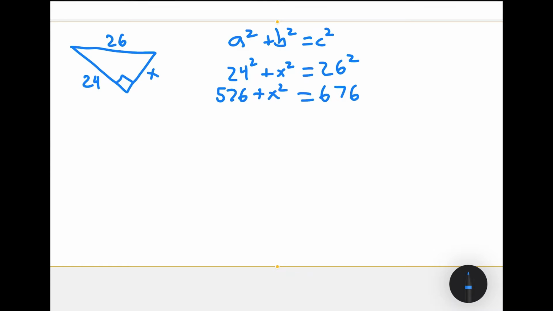Then I'm going to subtract 576 from both sides to simplify the problem a little bit more. 576 minus 576 gives me 0, so I do not need to write that. I'm just going to carry down the x squared is equal to 676 minus 576, which gives me 100.